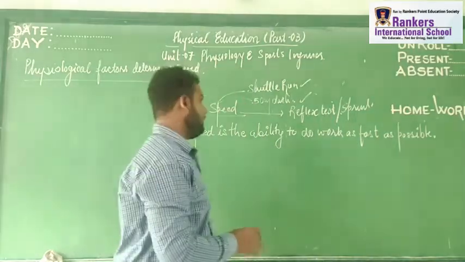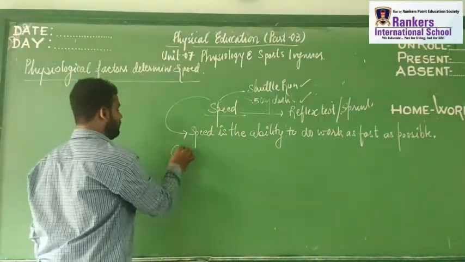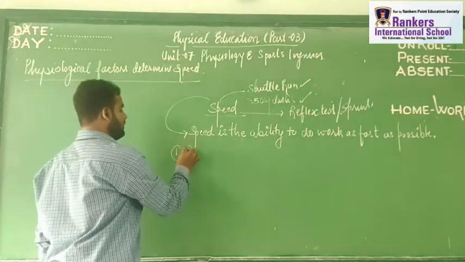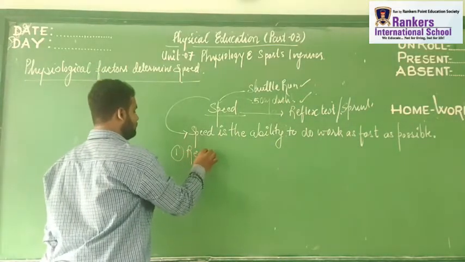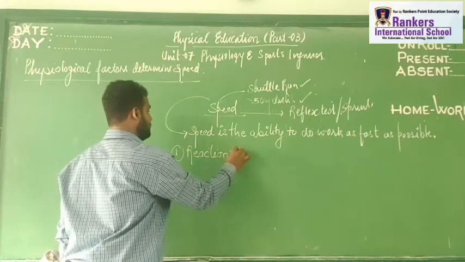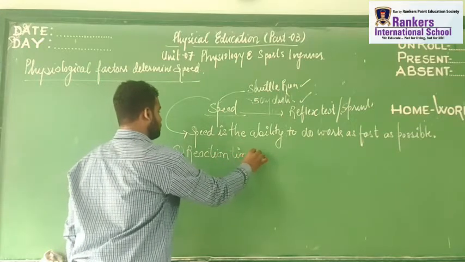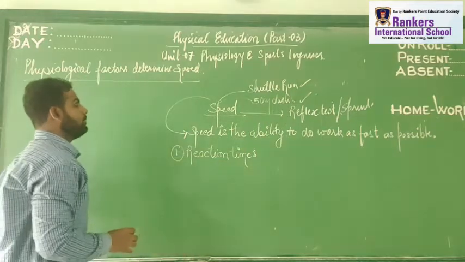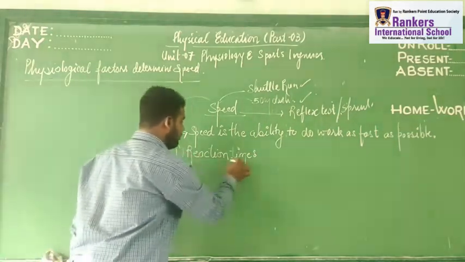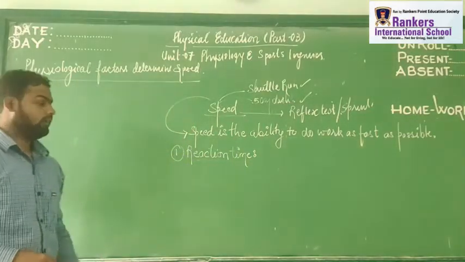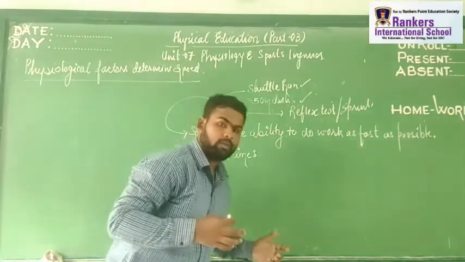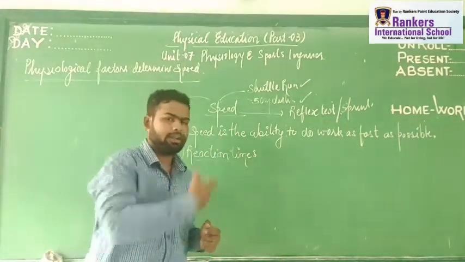Now let's talk about what the types of speed are. What is the first thing? The first thing is reaction time. When I talk about reaction time, it is when I bring my body into action. Let's say it's a 50 meter dash and I'm ready.